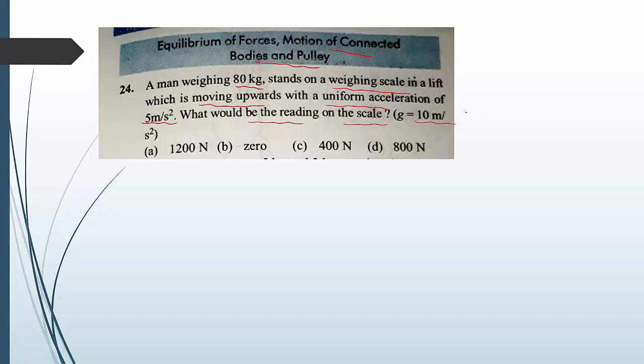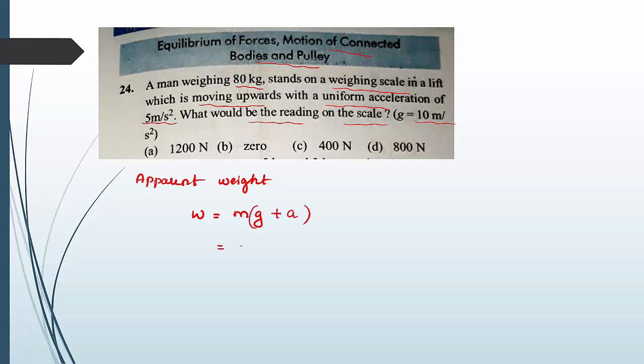We already solved this type of questions in the last session. You can remember, when the lift is moving in the upward direction, we have to consider g plus a. When it is moving downward, g minus a. So according to that, we can write the apparent weight of a person. Apparent weight W, the general equation is m into g, but when it is moving up, we can write it as m into g plus a.